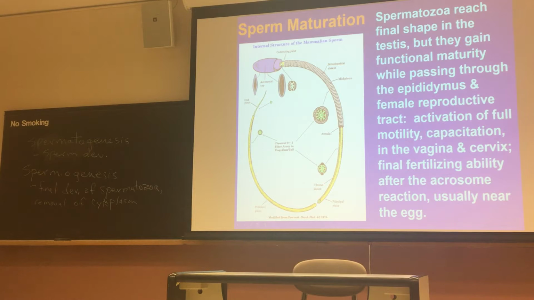There is something called a connecting piece, which is a modification of the sperm tail, and surrounding much of the modified cilium, that's the flagellum of the sperm, is a whole bunch of mitochondria.